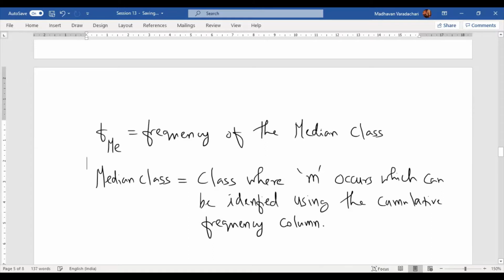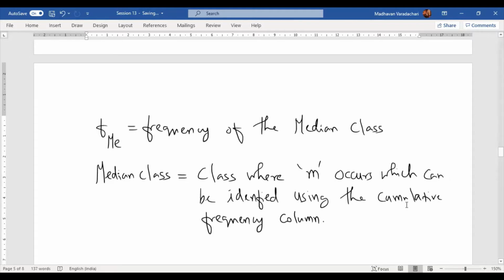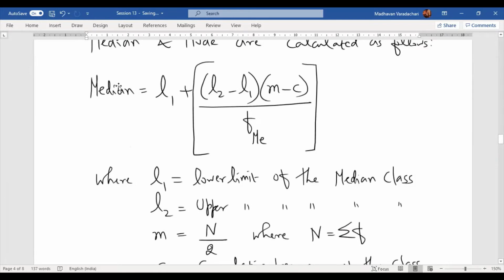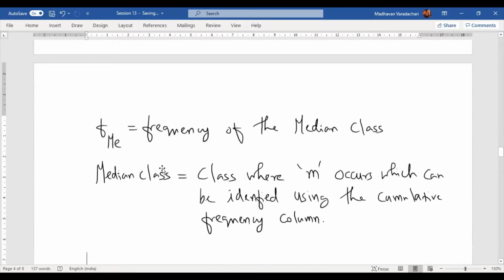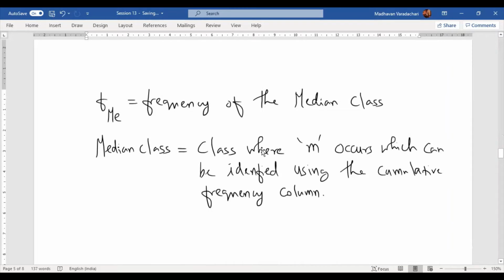Again, we will understand when we do a numerical example. So we wrote a formula and the explanation of each of these symbols: L1 means what, L2 means what, M means what. Only to identify this median class, it will be better if we do that when we do a numerical problem.